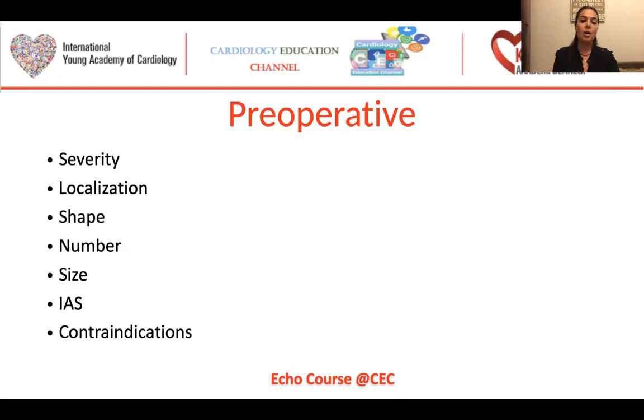So what should we give as information to the operator? We should give the severity, the localization of the defect, shape, number, size of the defect, the condition of the interatrial septum, especially in mitral PVLs, and the contraindications.